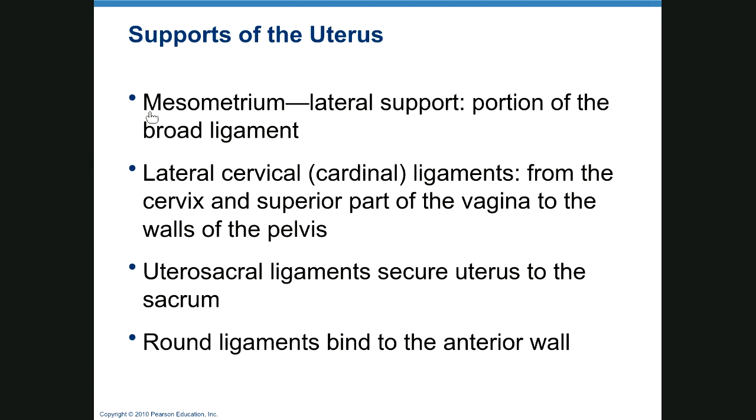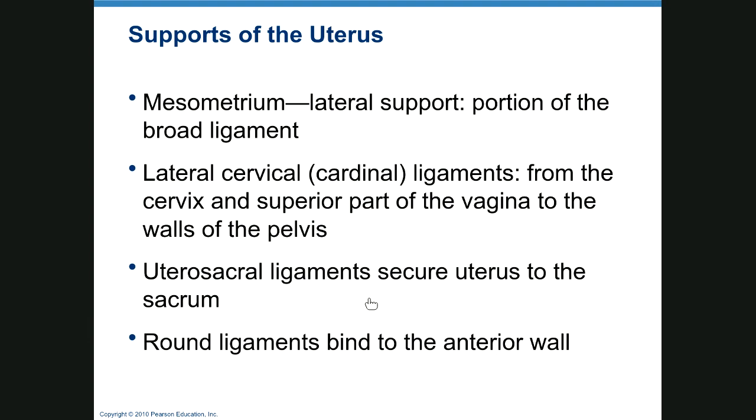Okay, support of the uterus, we've looked at these. The ligaments, the broad ligament, cardinal ligaments hold the cervix, superior part of the vagina. Uterosacral ligaments hold the uterus to the sacrum. Round ligaments bind it to the anterior wall. Now, when you have very, very old women, their uterus starts to prolapse. It's actually coming out, the vaginal wall is coming out through the vagina, and you got uterus there.